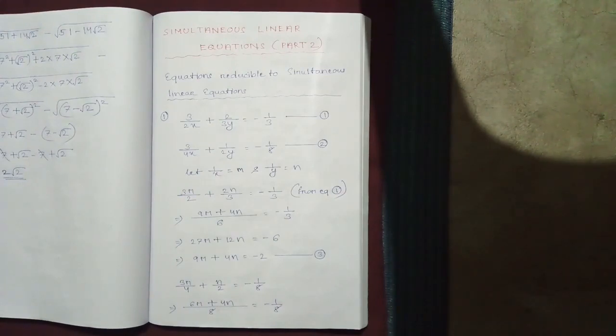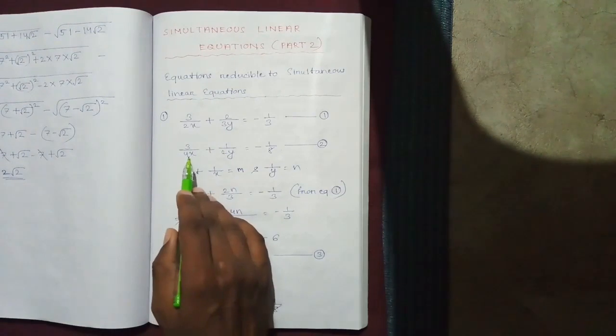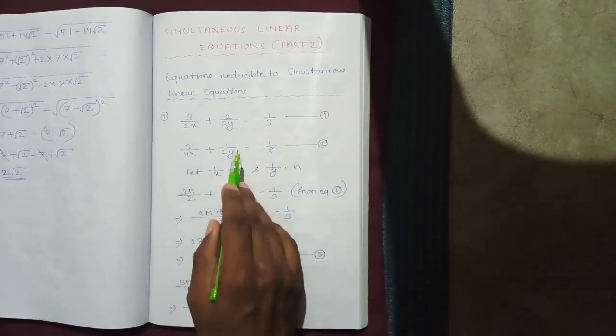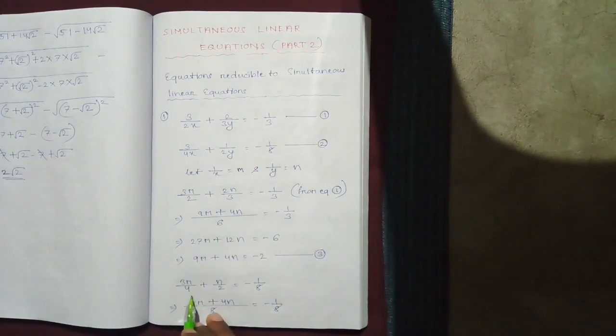Similarly, let us get another linear equation from equation 2. This will become 3m by 4 plus n by 2 is equal to minus 1 by 8. Taking LCM, we get 6m plus 4n whole by 8 is equal to minus 1 by 8. We don't need to cross multiply. 8 can be cancelled.